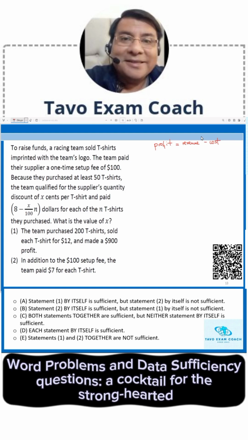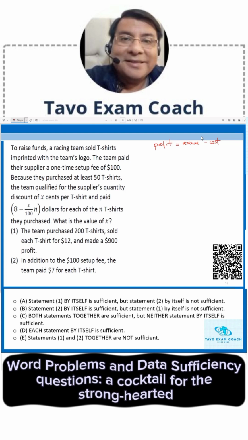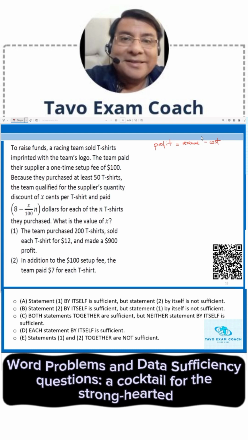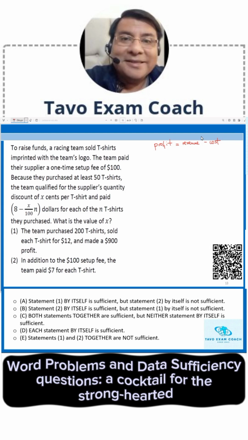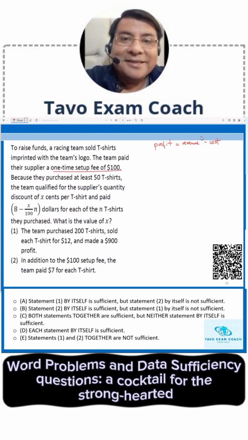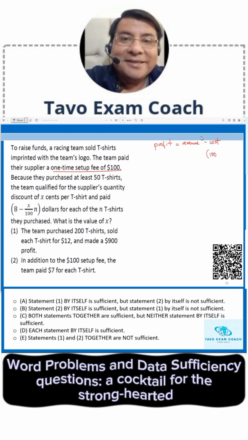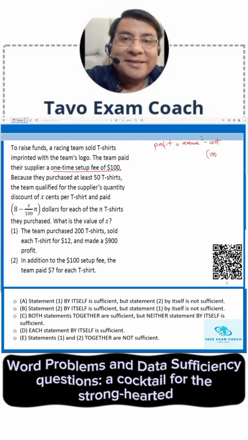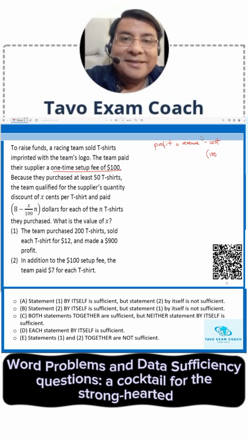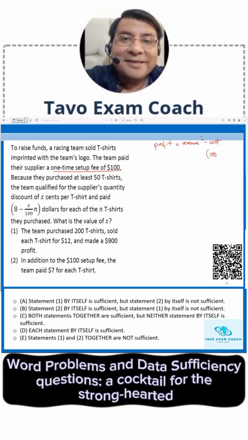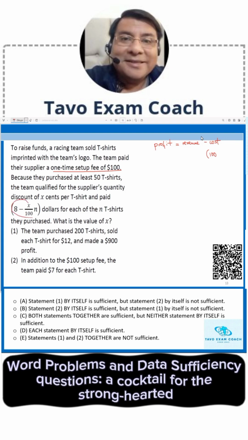What is the cost? According to the description, the cost consists of two parts. It is a setup fee of $100, and if they purchase at least 50 t-shirts, they would pay a special price with discount, which would be this one here.